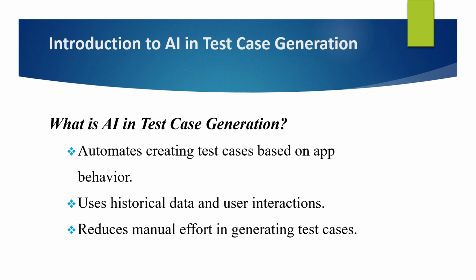AI-powered tools can examine application behavior, analyze historical test data, and even monitor user interactions to automatically suggest or create test cases. This not only speeds up the testing process, but also ensures that generated test cases align closely with real user behavior, covering a broader range of scenarios.